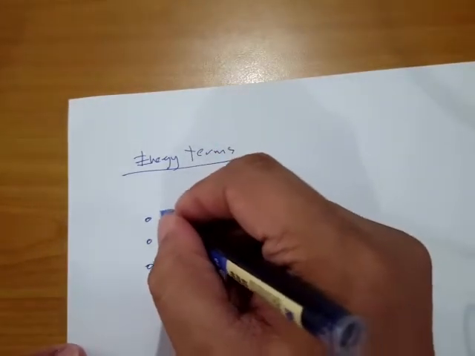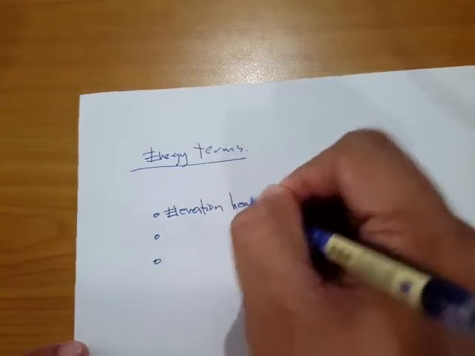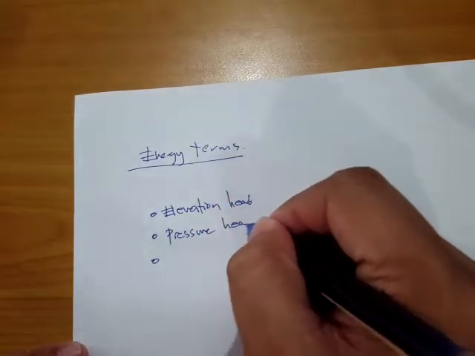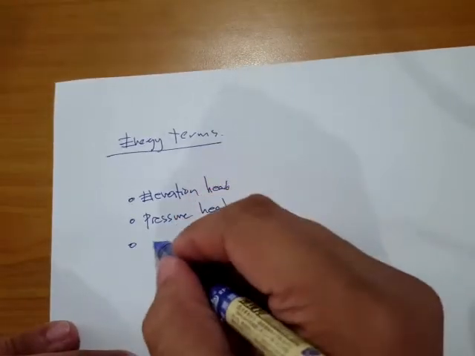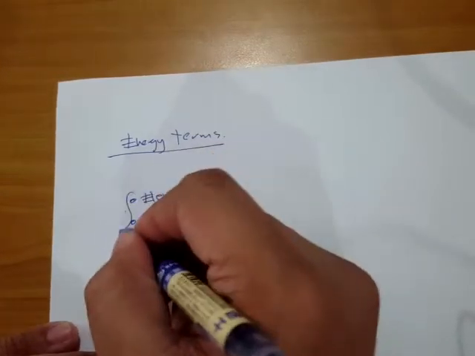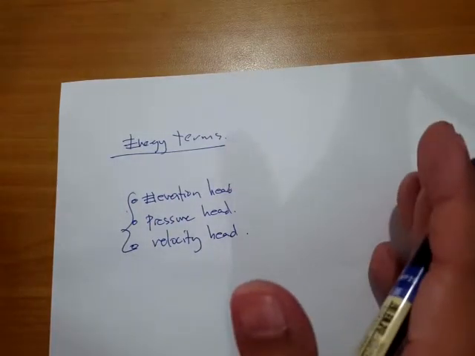We have the elevation head, the pressure head, and the velocity head. These are the three terms associated with the energy at a cross section.